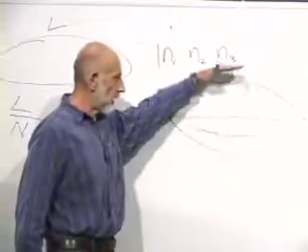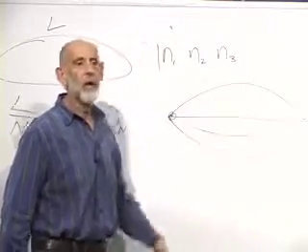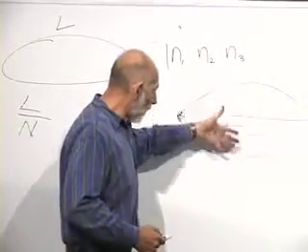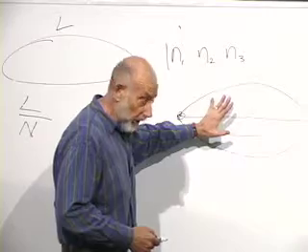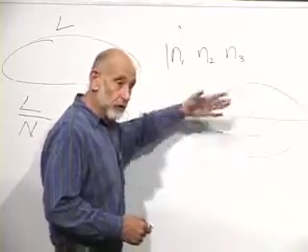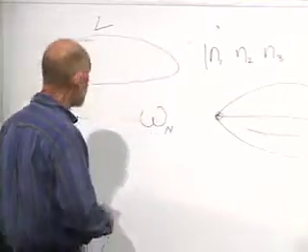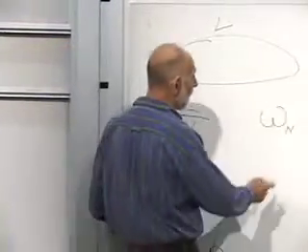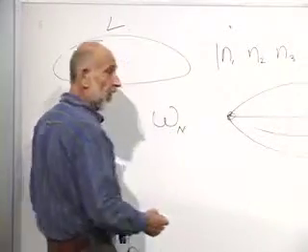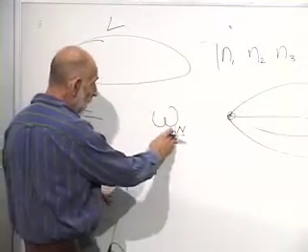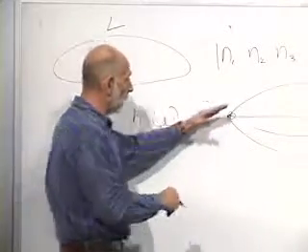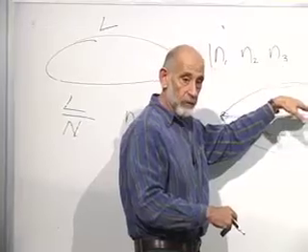If we forgot everything else and just thought of this as a simple harmonic oscillator, we could say that the energy level of the system is possibly no excitations, 1 unit of excitation, 2 units of excitation, 3 units of excitation. And how much would each unit of excitation cost? It would cost an energy which was the frequency of that particular note, omega, times h bar, times the number of oscillations with that frequency.